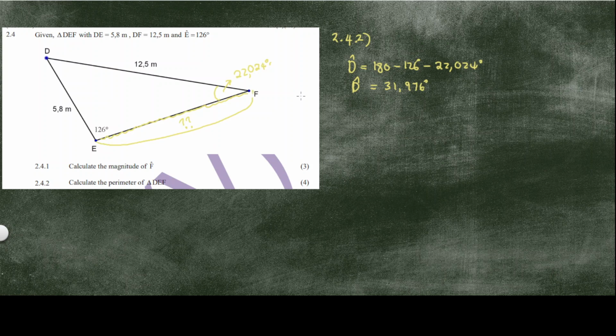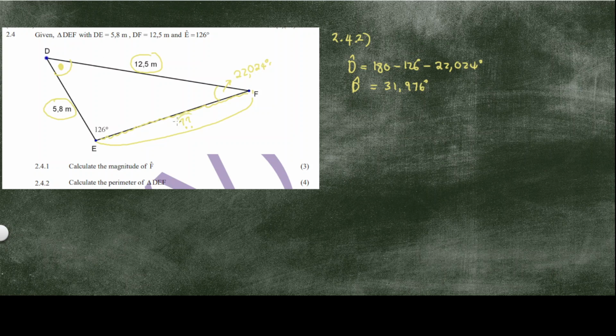However, even the cosine rule you can use, since you have the angle D, which is that 31 degrees, and you also have the sides adjacent to this angle. You can now calculate EF.